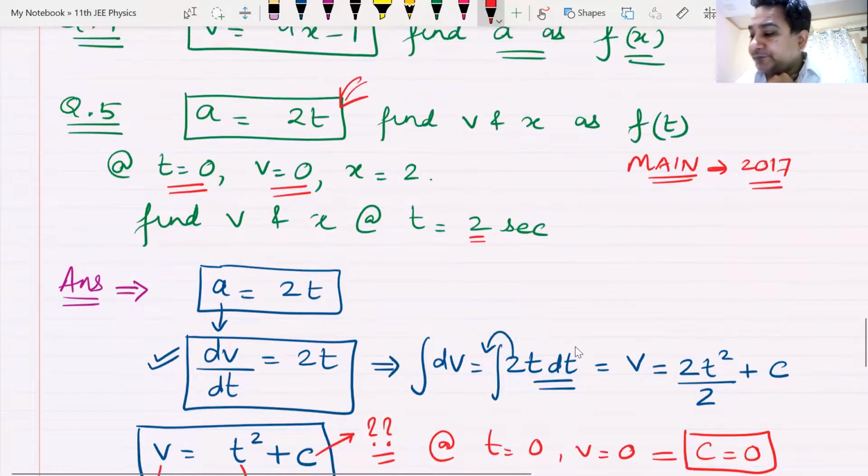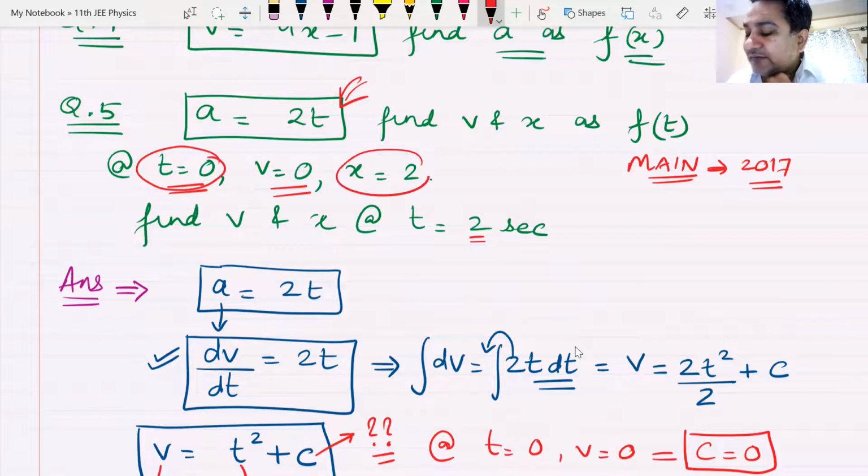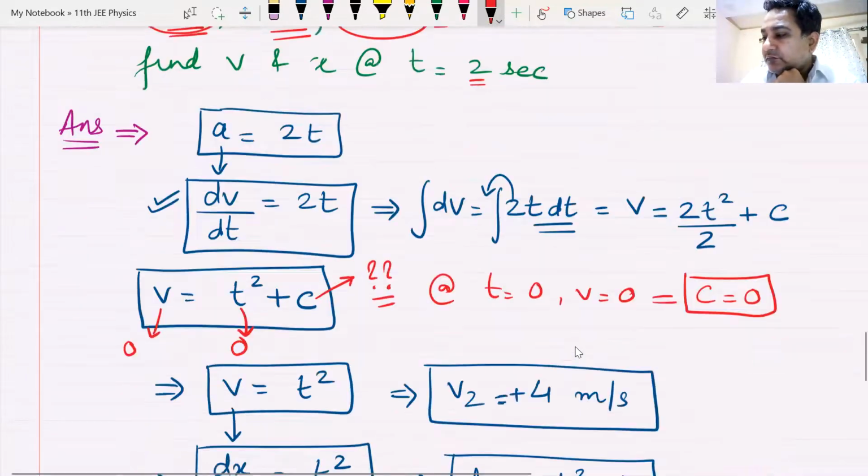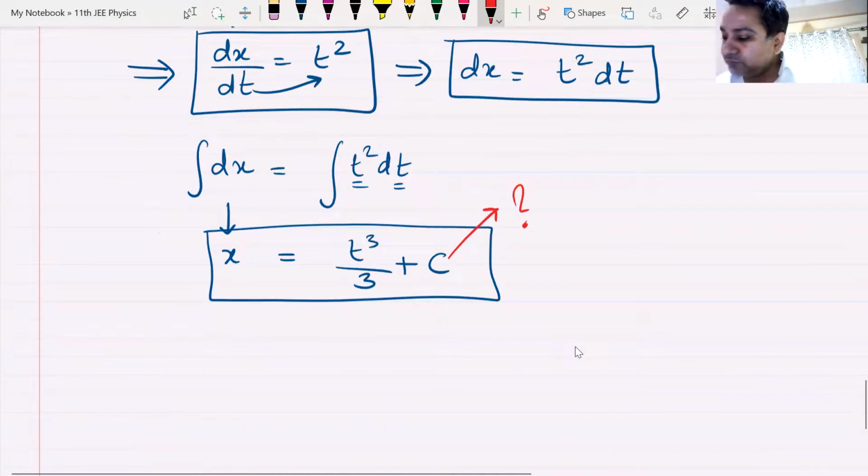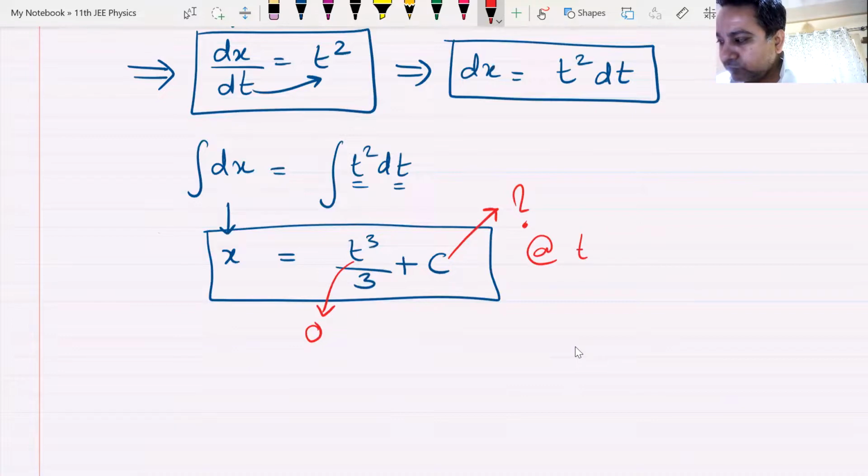So we look here. At time t is equal to 0, x is equal to 2. So I put the value t is equal to 0, x is equal to 2.